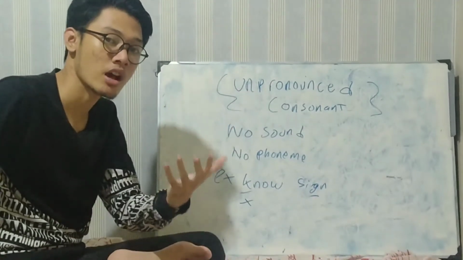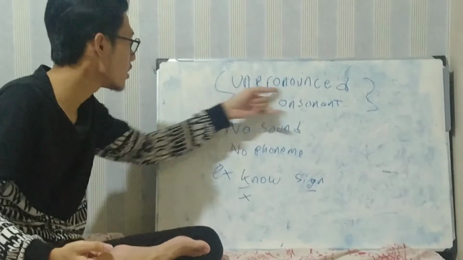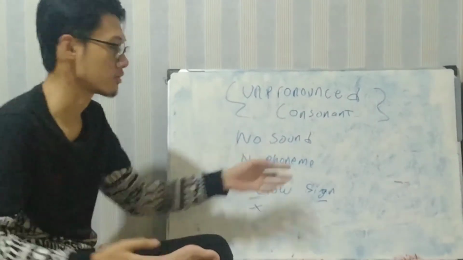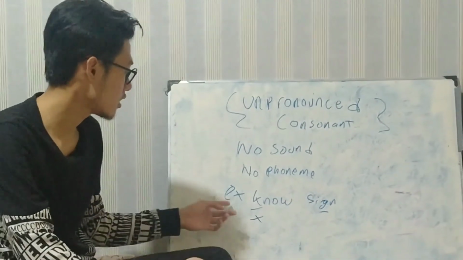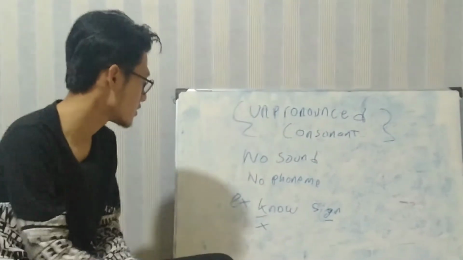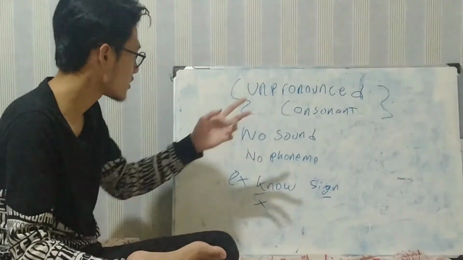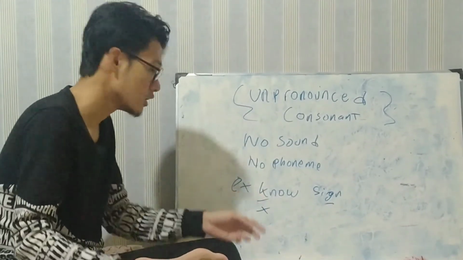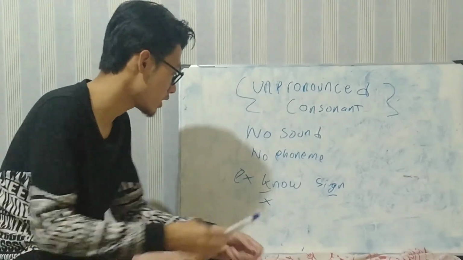Okay guys, now we have finally arrived at the last section. It's called unpronounced consonant, where there is no sound and no phoneme. As you can see, I give very basic examples, guys. There is know and sign. The reason we don't pronounce the K in know is from the rules of English.